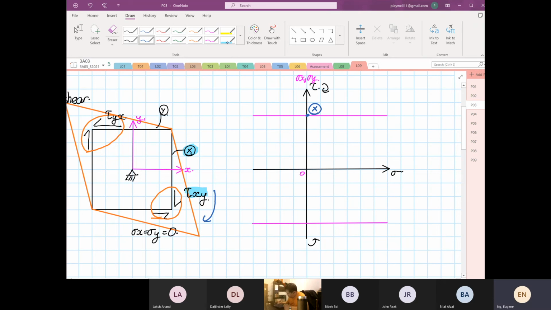Then if we look at point Y with this arrow, it will generate an anti-clockwise rotation. So this is where your point Y is. With this, you can construct your Mohr circle. So it's opposite from positive shear.